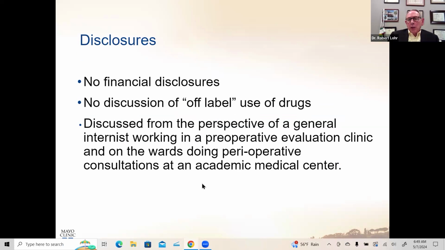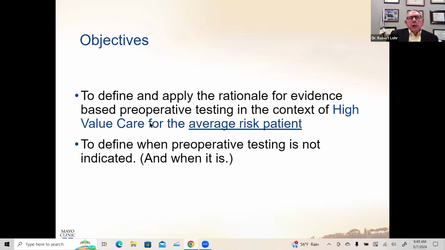I'm not an anesthesiologist, I'm not a cardiologist, but as Kristen mentioned, I spent a lot of time in a preoperative evaluation clinic working with anesthesiology, and staffing a consultation service in the hospital, which focused on perioperative medicine primarily.